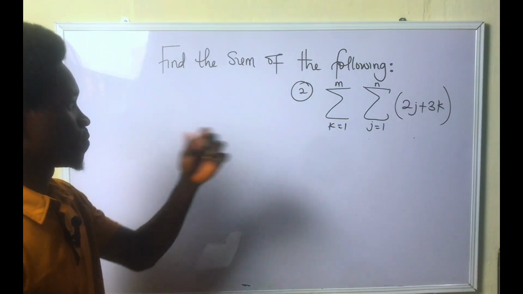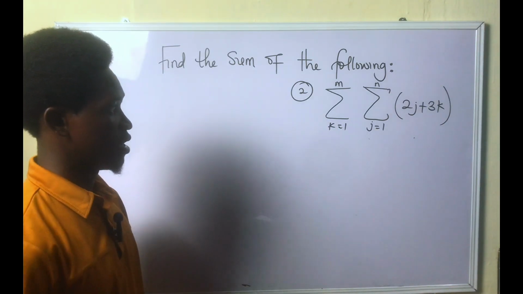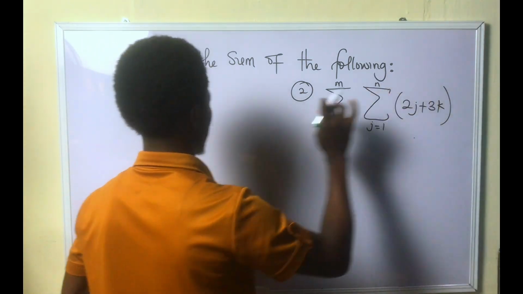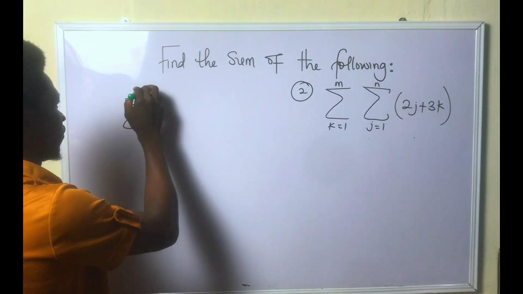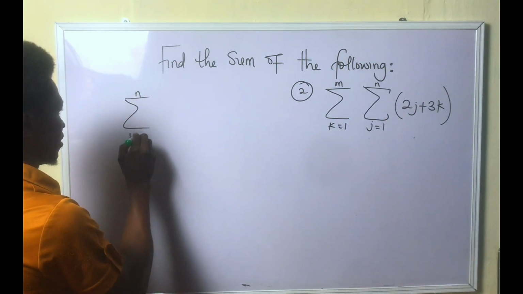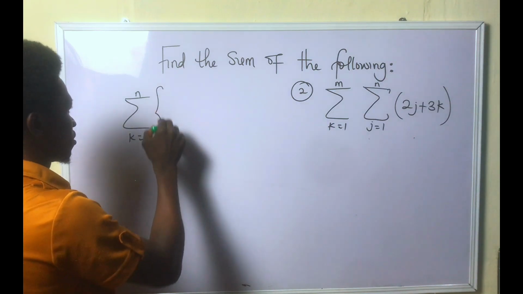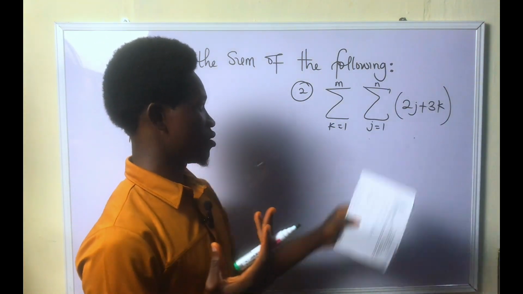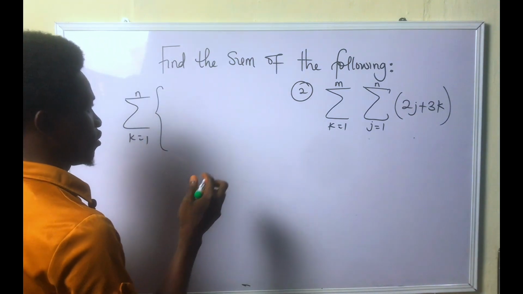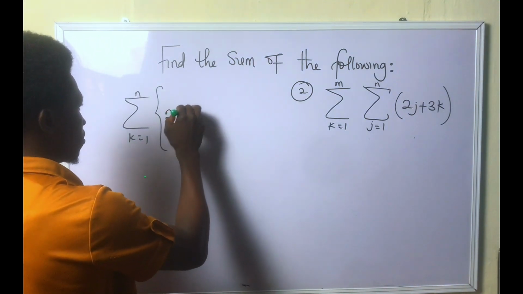For question 2, I'll just have to deal with them one after the other. I will deal with this part of the expression first. This will be a summation over j of the expression, starting from 1. I will deal with just the j and take k to be dormant.